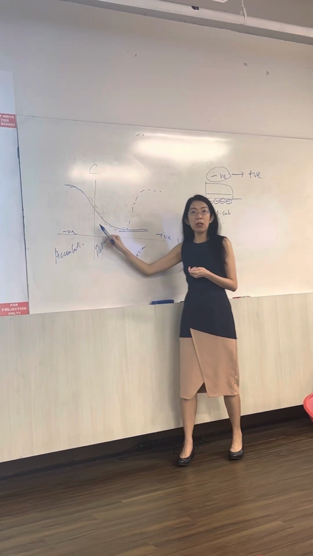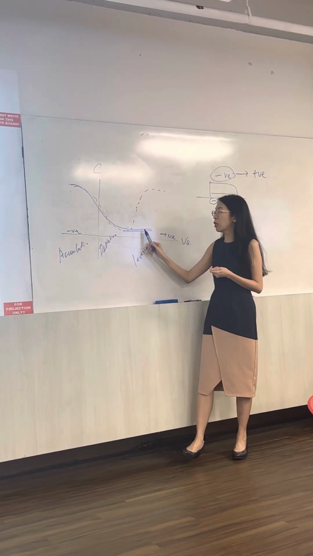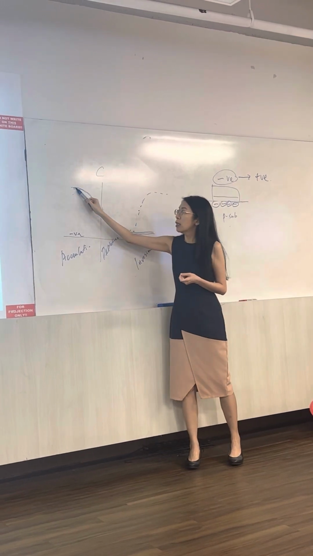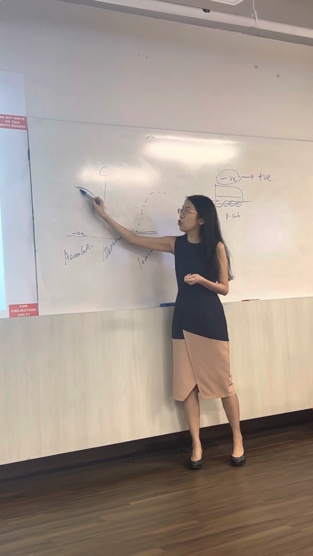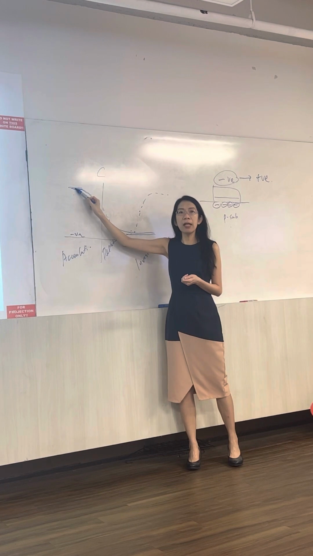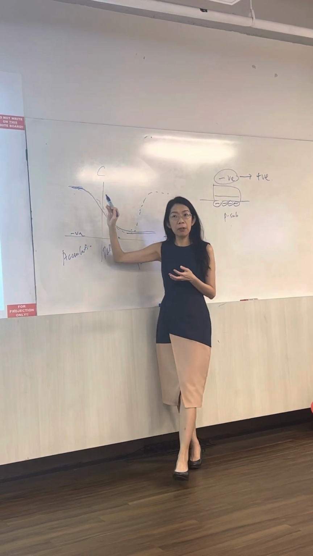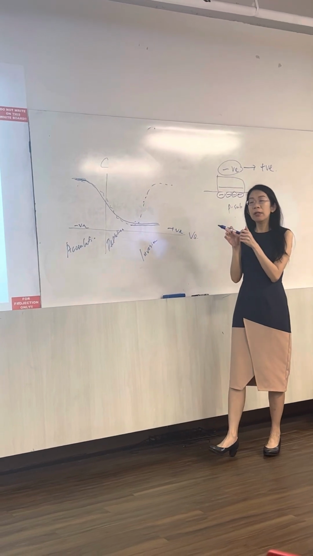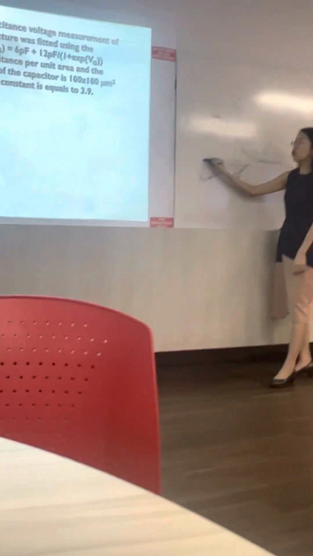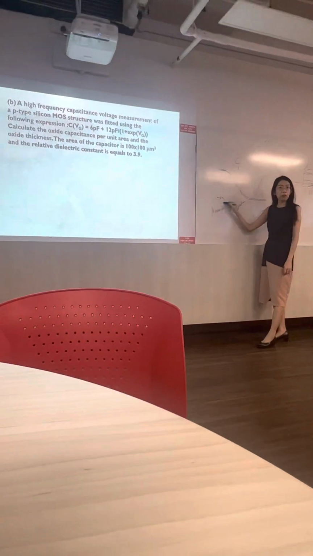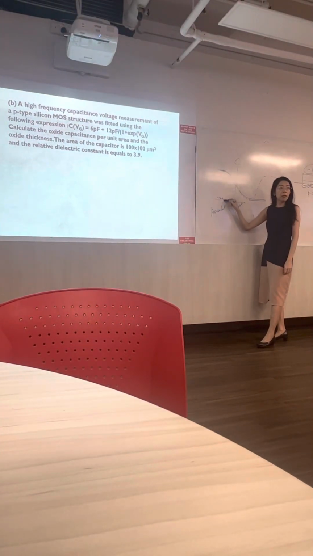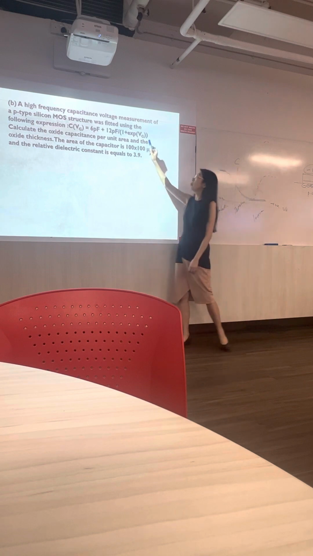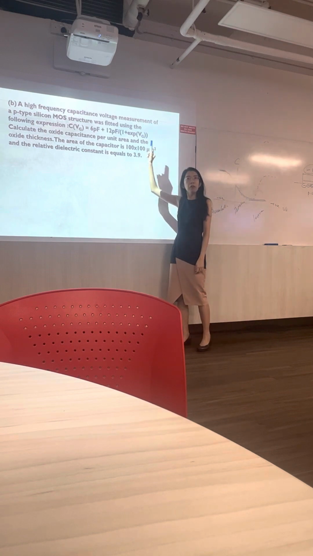What you measure is the solid line. See, it's a high frequency measurement. So it's here, right? So this region can be considered as the best optimum highest capacitance that the oxide can gather. So therefore, this is happening at Vg that is very negative. Correct? So you fit into the equation Vg that is very negative.